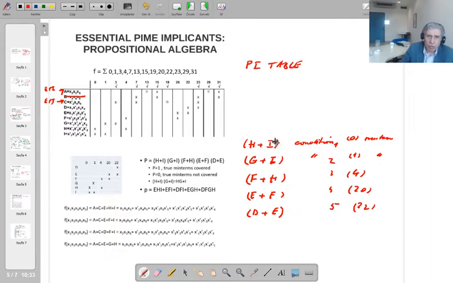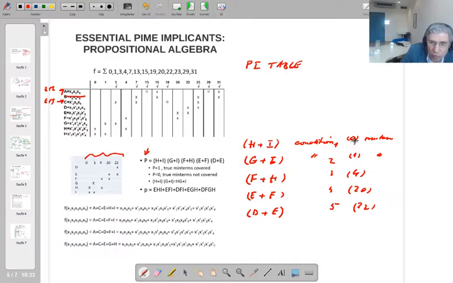So if we consider all these conditions, if they are all true, that means each of them is 1, isn't it? Multiplication of all these ones gives me that function P. That means when this P function is equal to 1, all the minterms here are going to be covered.